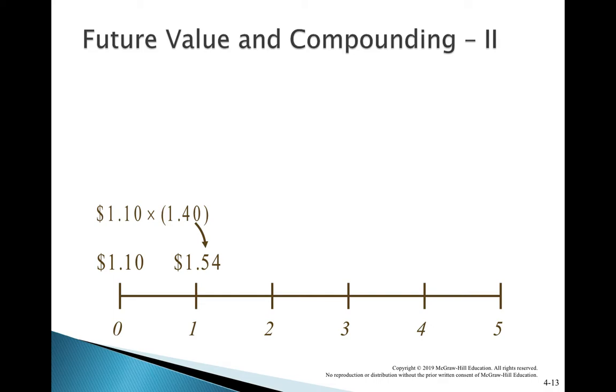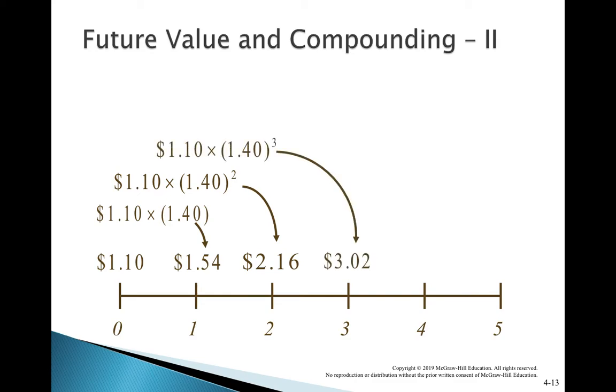So 1.10 now; after 1 year at 40%, the future value will be 1.10 multiplied by 1.40, which is 1.54. Now the dividend in the second year will be 1.54 multiplied by 1.40, which is 2.16.